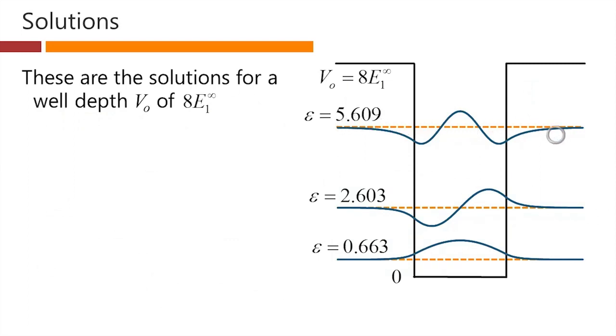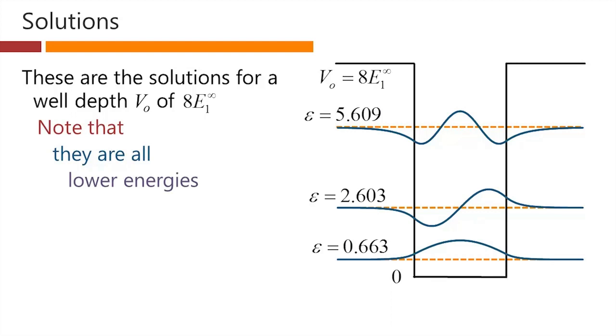Of course, I knew the answer before I started this, so what I was plotting before were the actual solutions to the problem, but we'd not proved that at that point. This is the first solution here, this is the second one, and this is the third one. And there are only 3 such solutions in a well of this height, of this depth.